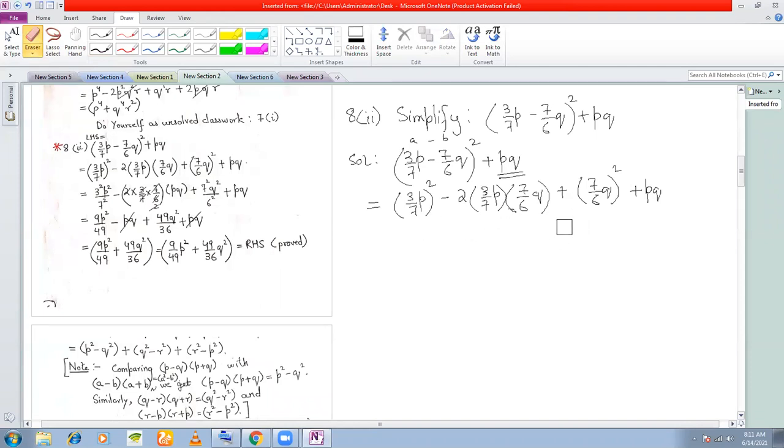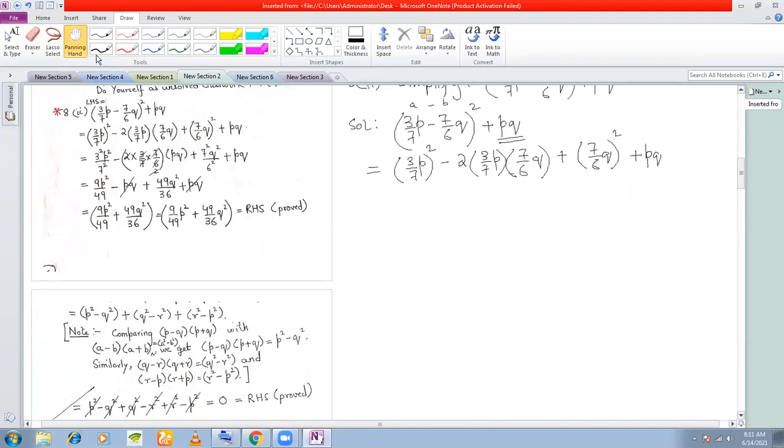Now we simplify this. This is (3/7 p) square, which is 3 square by 7 square p square, minus. Now here you have a product of 2, this and this, right?